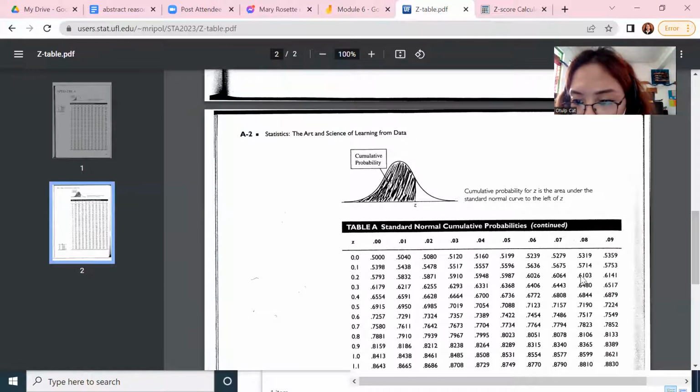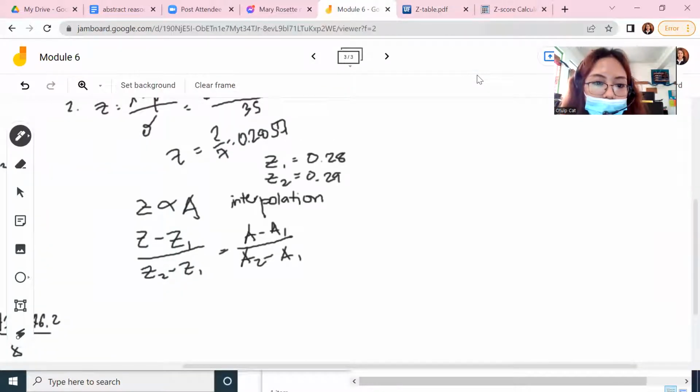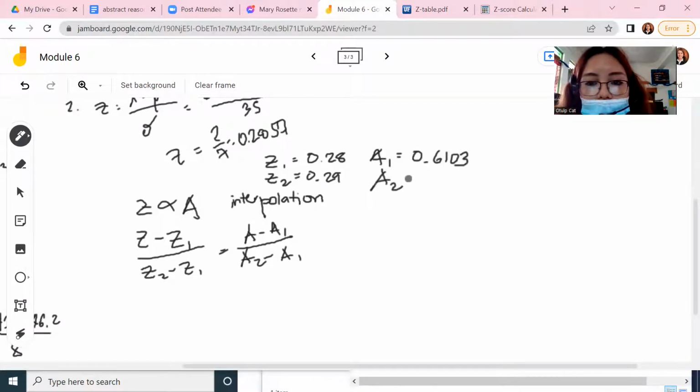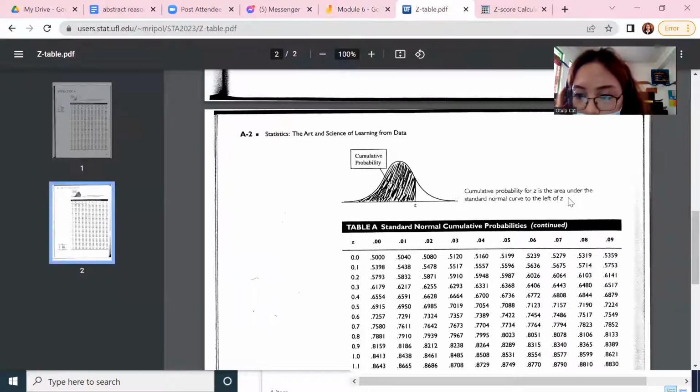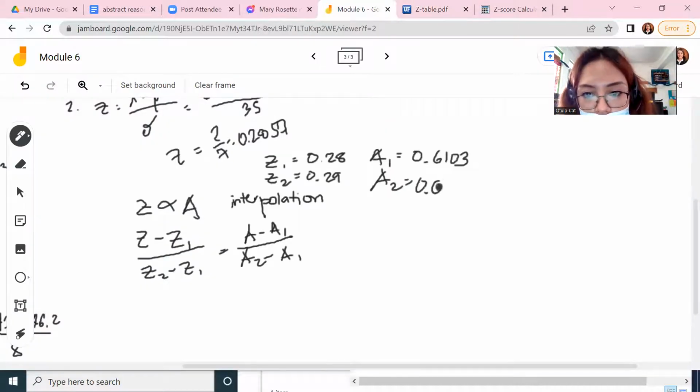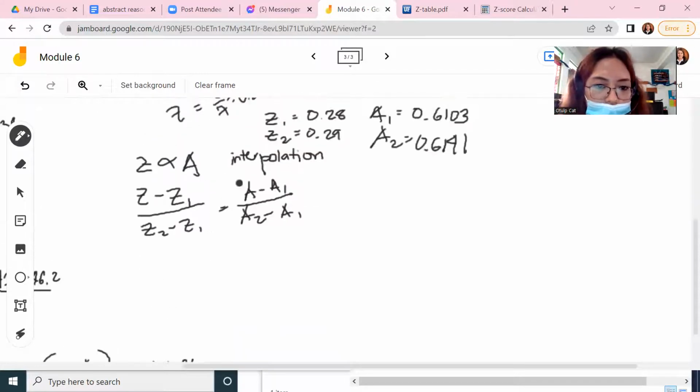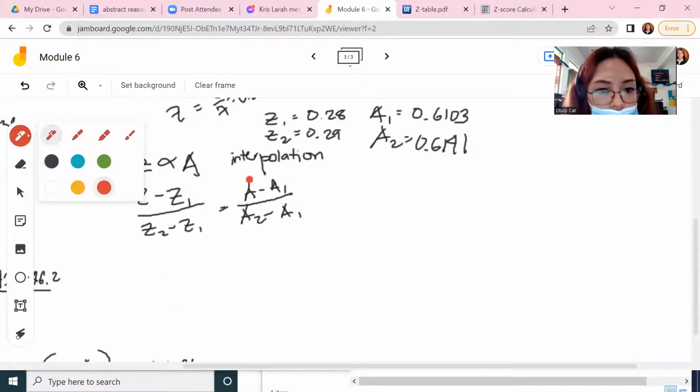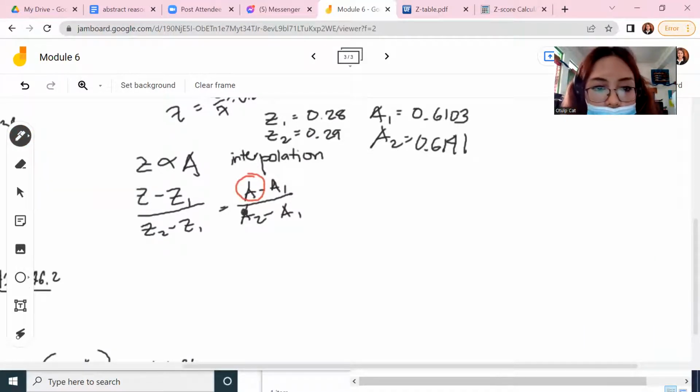So 0.28 has the area A1, which is 0.6103. A2 would be 0.6141. Since what we are looking for is this one, we are going to substitute all of this and calculate A, the area under the curve.